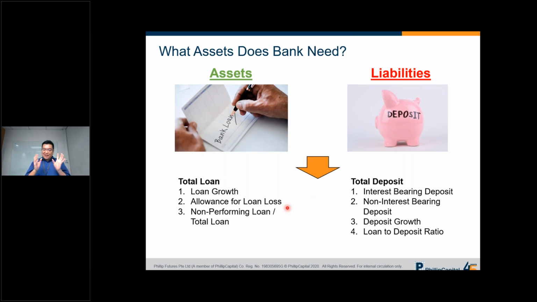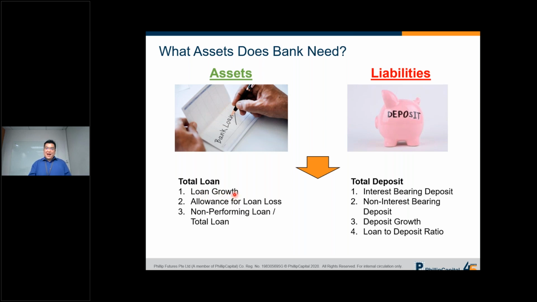With that loan and deposit, we can start to understand how the bank works, what the bank needs to make their business work, and how we can look at these metrics and compare them across different banks to see how they perform. So let's look at the assets portion first. You have the total loan. One thing we want to see first is the loan growth.